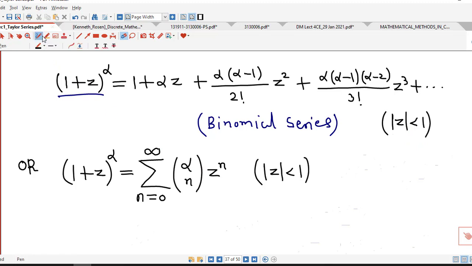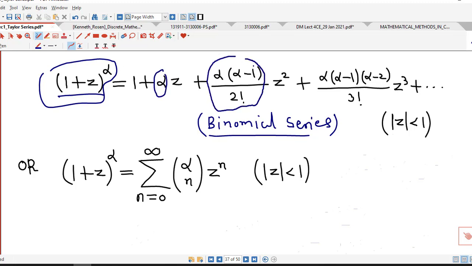Now we can use Taylor's theorem to find this series. We can consider this as f of z, and by calculating its value and its derivatives at z equal to 0, we can obtain this binomial series as the Maclaurin series of this function. And if you observe, all these coefficients can be represented by the combination notation.